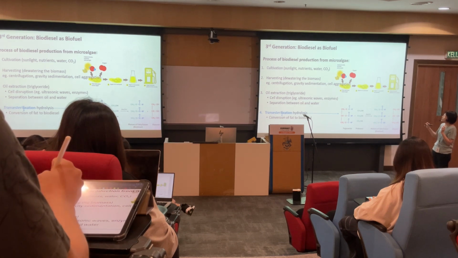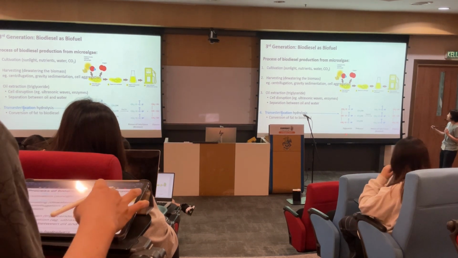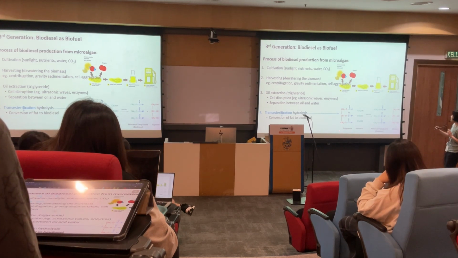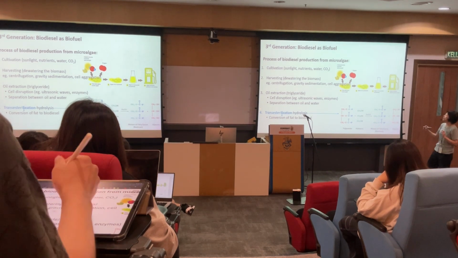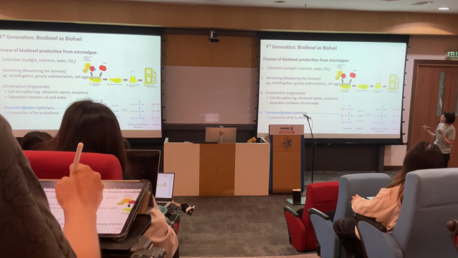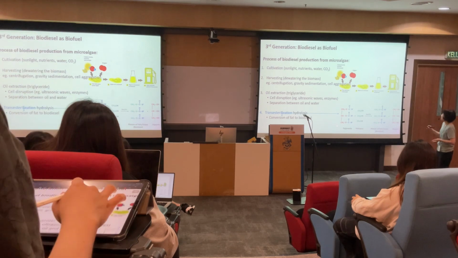Now, once we get the lipid, normally it will produce something called triglyceride. Then this triglyceride has to be converted into biodiesel through a process called esterification. Esterification. Alright? So how do they do that?